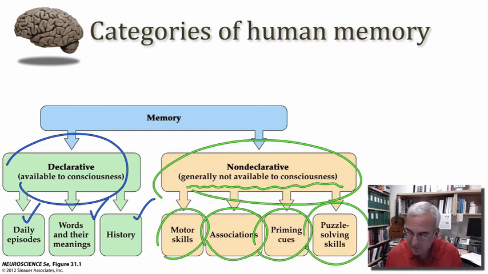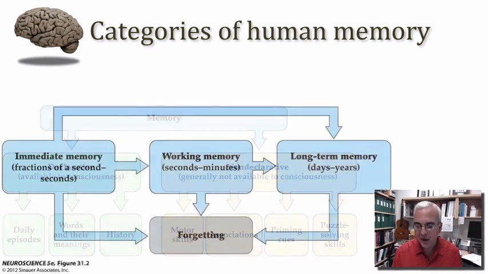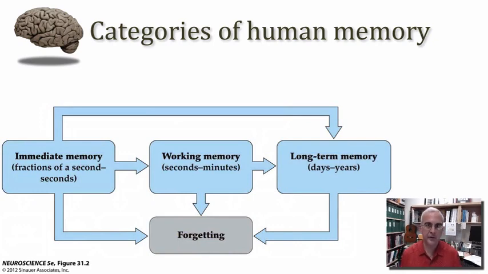And related to motor skills, there are puzzle-solving skills that are accrued through experience and practice that, like other kinds of motor skills, are not readily accessible to our language faculties. Now, there's another dimension of memory that can be categorized, and that is the temporal dimension of memory.